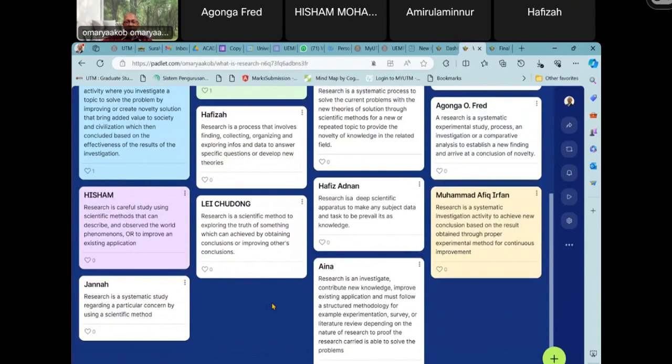After that, we are going to vote. I'm going to put you to vote on this, and we're going to choose the top 3 for further processing. So I'm going to give you 2 minutes from now.